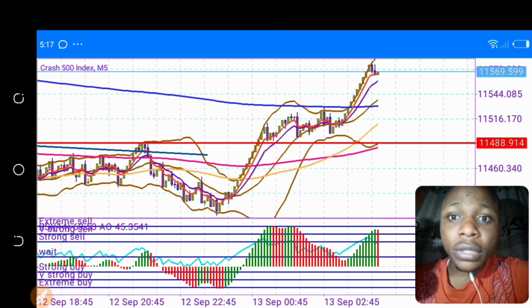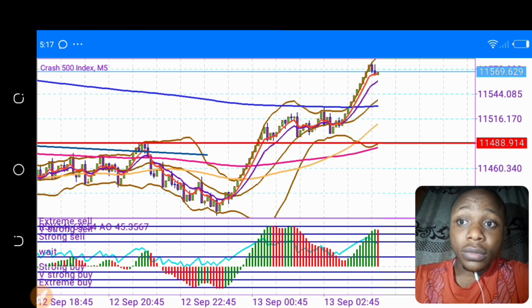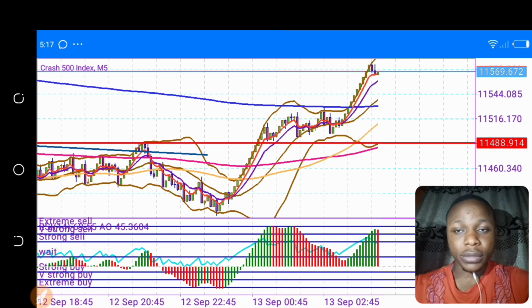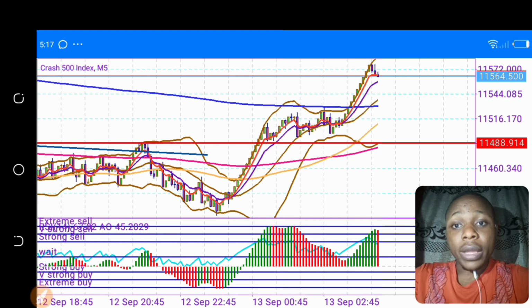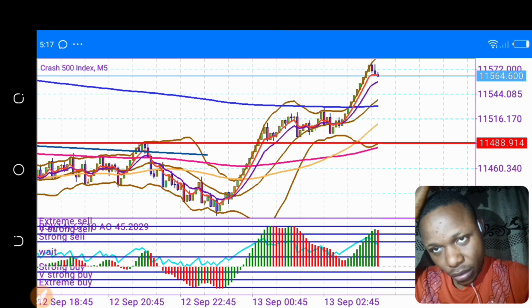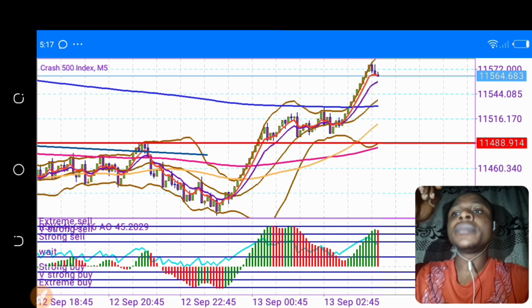But the only thing you need to do, because you can't do without the higher time frames, even for scalping, you can't do without it. At least you need to know what the market is saying, where it is actually heading to, so you don't just open trades anyhow.